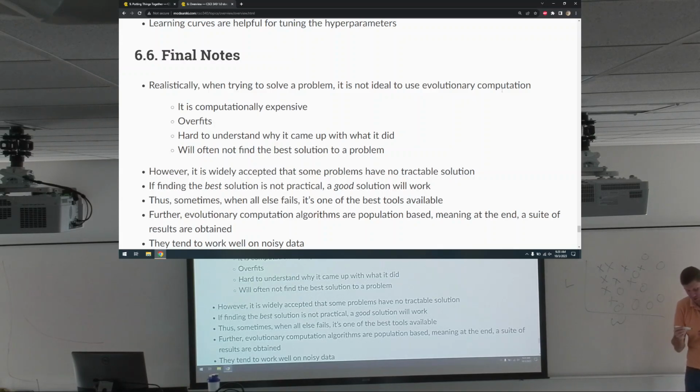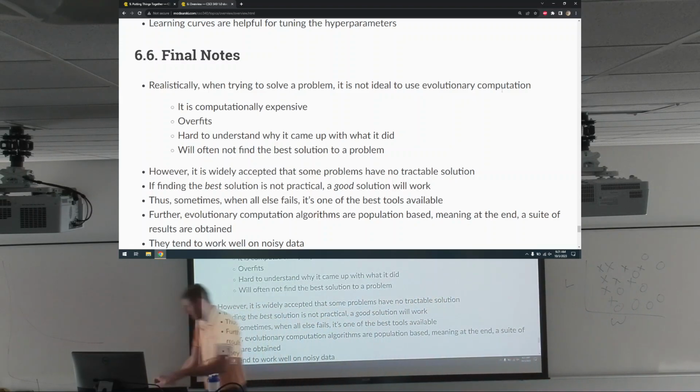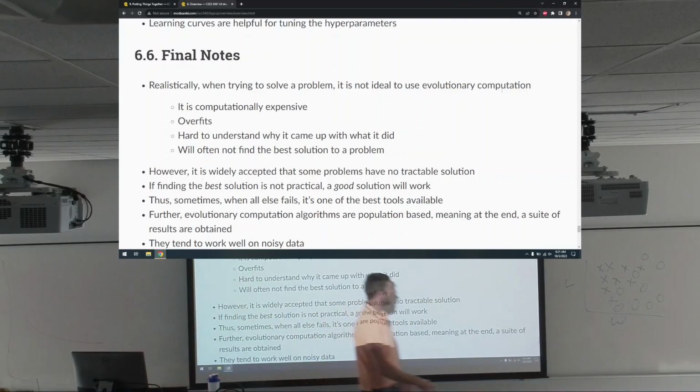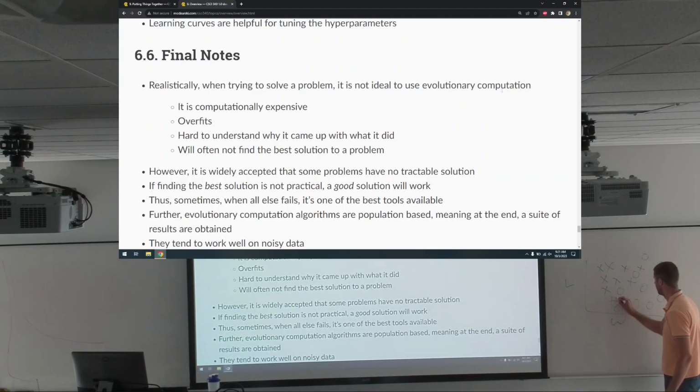And your algorithm comes along, and it looks at this and it goes, okay, I can draw the boundary. The boundary looks like this. Right? Great. And then a new piece of data comes along and it goes right here.